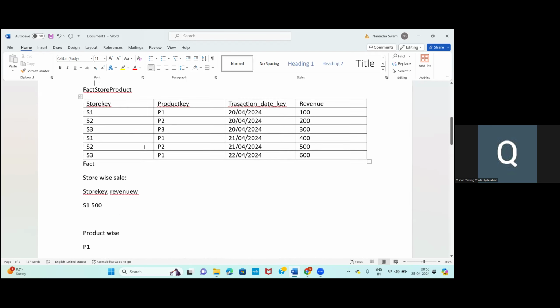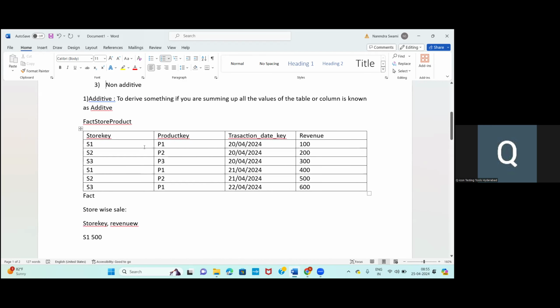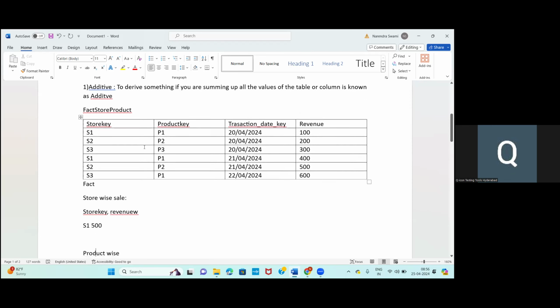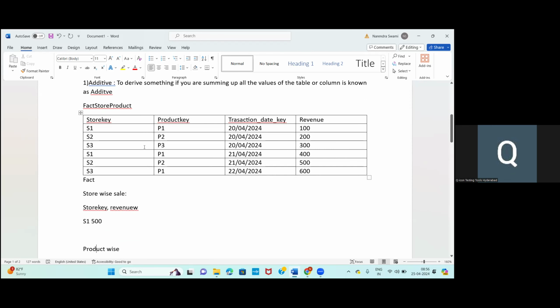Examples tell a lot, and other people also get these things very easily with examples. With examples only, you can do your own practice and explain to yourself. So this is the table, this is the additive fact.